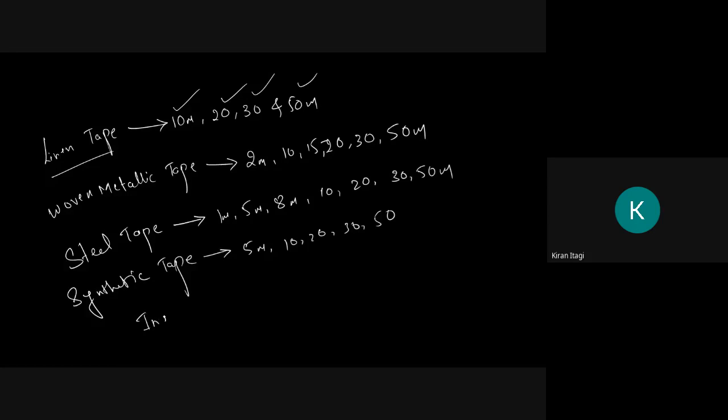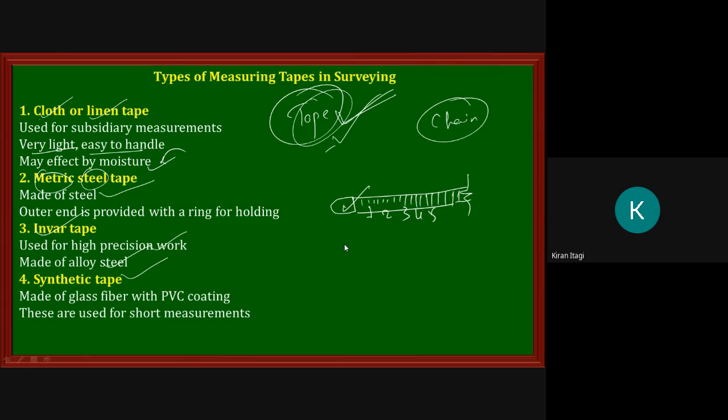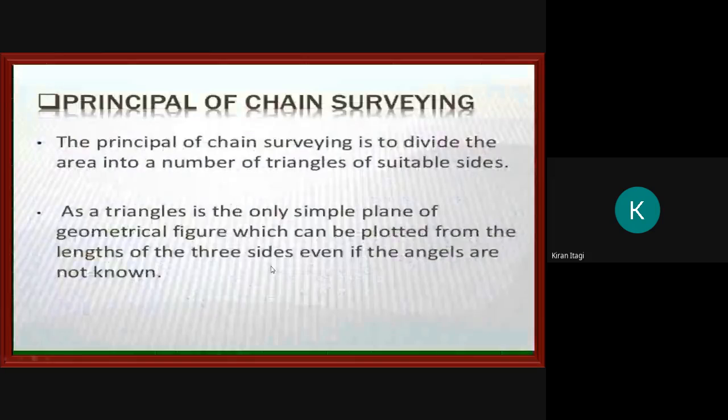The last one is invar tape. You will get it in 30 meter, 50 meter, and 100. These are not much important. Just remember, I told you to just remember. In future, you may use it, or it may help you. The next concept.